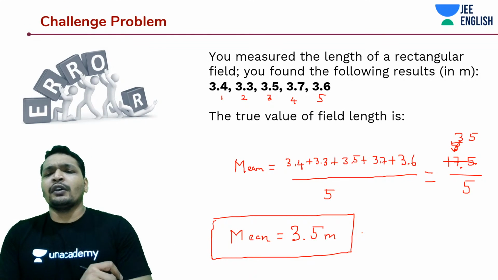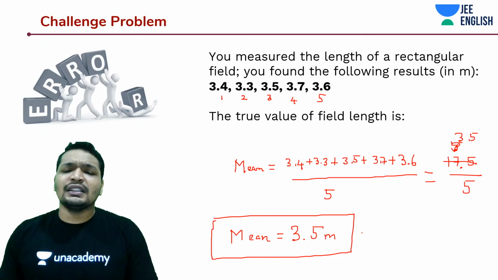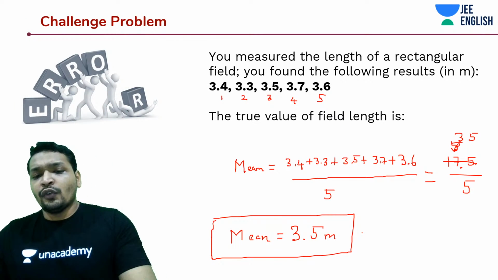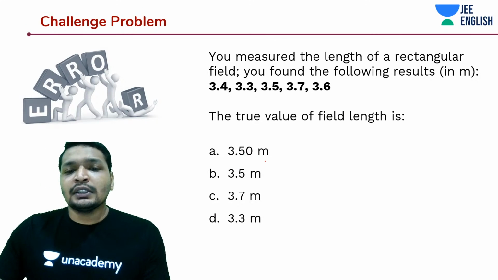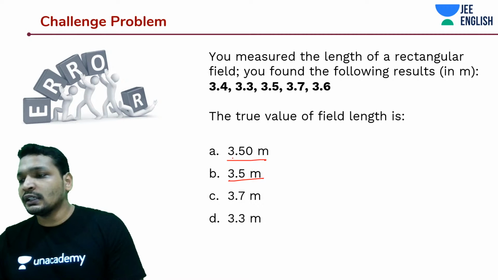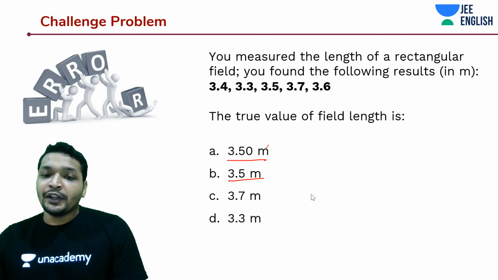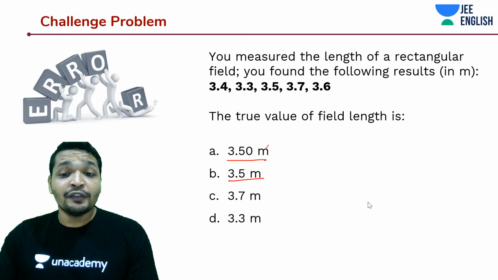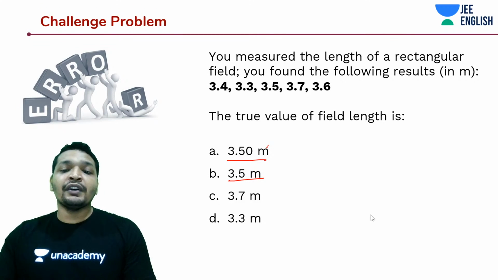Whenever you talk about the average value, the mean value, we have two options which are saying 3.5. One is A and one is B. Which should be the right one, guys? You're going to make sure it has the same number of decimals. In this case, forget the denominator.